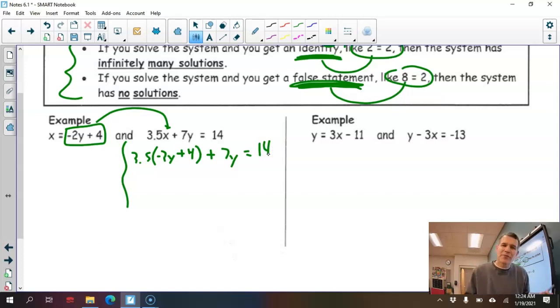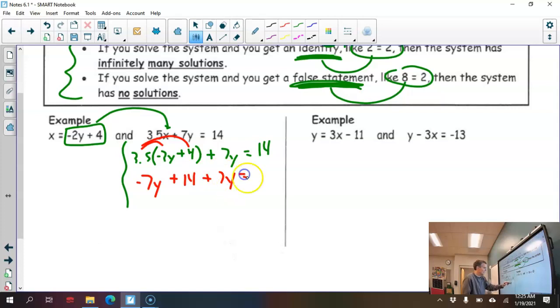See how I just rewrite the equation, but I substitute what x equals in place of the x. And now I solve it. I'm going to distribute the 3.5. 3.5 times negative 2 is negative 7y. 3.5 times 4 is 14, plus 7y equals 14.